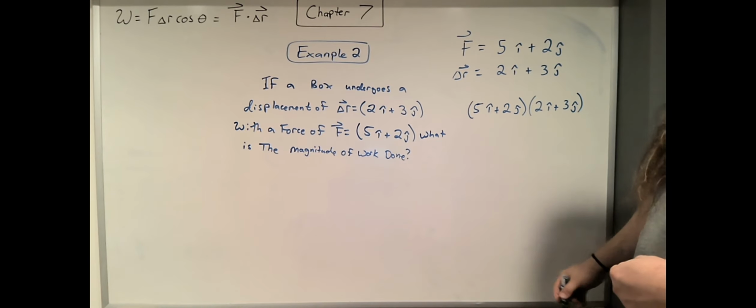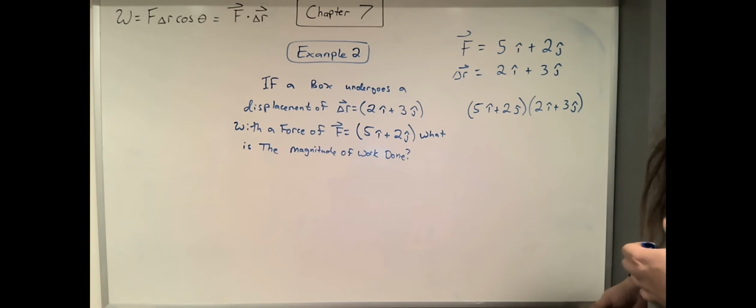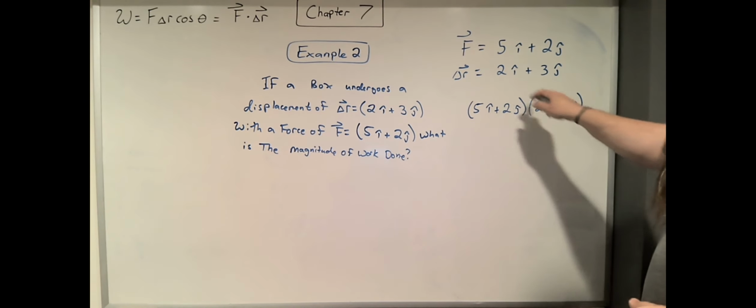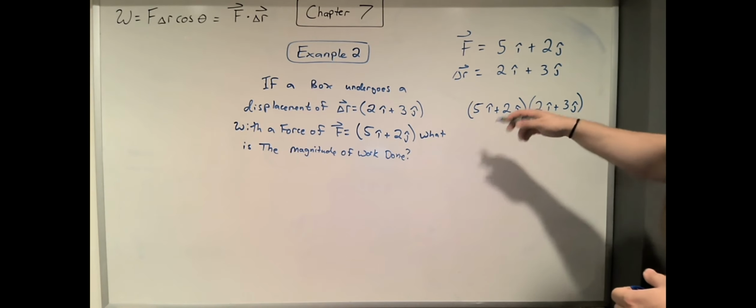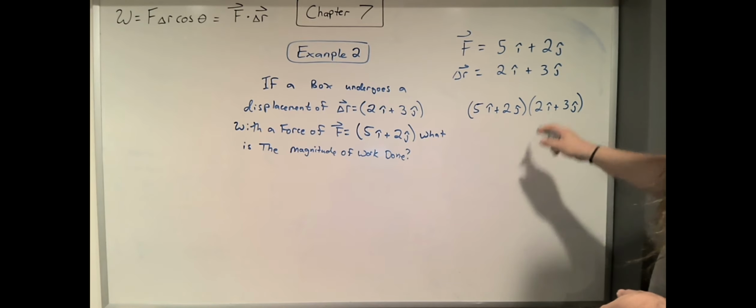So remember, in a dot product, i times i is going to give you 1, j times j gives you 1, k times k gives you 1, but any other combinations are going to result in a 0. If I multiply these out, you would FOIL it out. You'd have 5i times 2i.